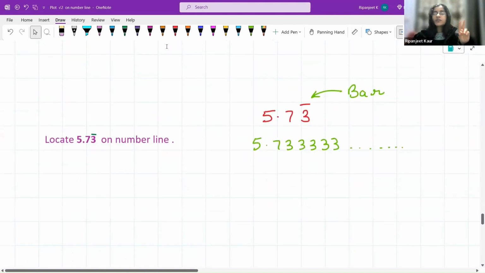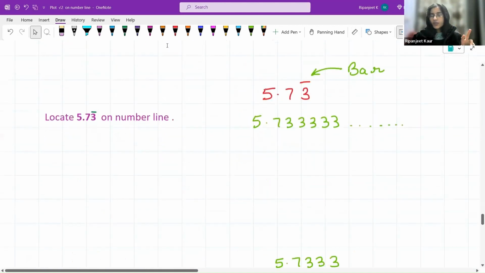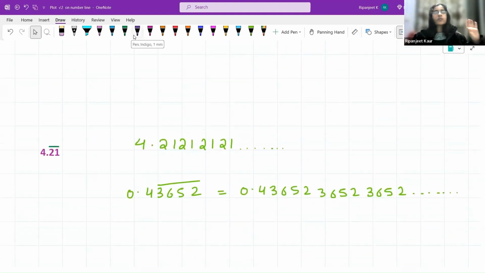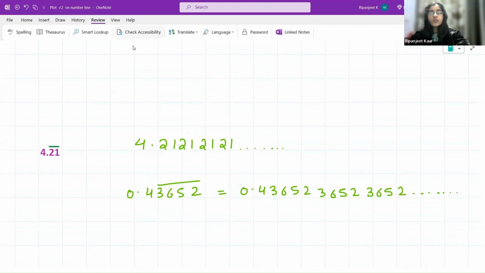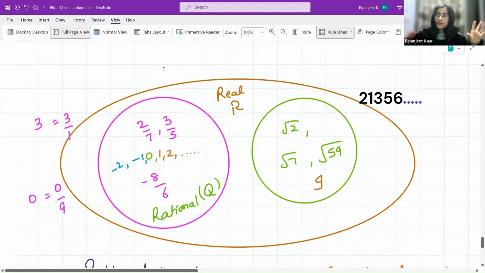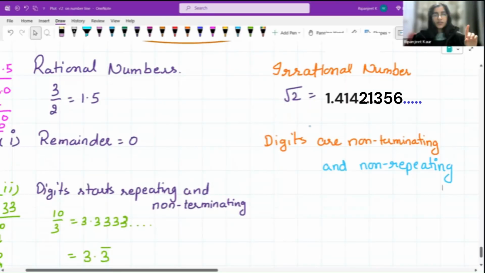After that, what the bar means, how we can write the bar numbers, and after that, reals are either rationals or irrational numbers, right? Rational means when the remainder is 0, or digits are repeating, non-terminating, and in irrationals, the digits are non-terminating and non-repeating.